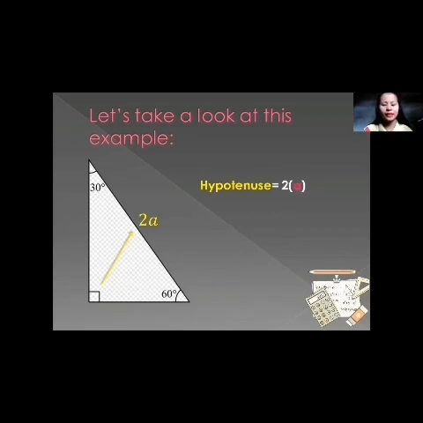I have labeled it. And the side opposite to the 60 degrees angle is called the longer leg. Very good. So the longer leg has a measure of the square root of 3 times the shorter leg.